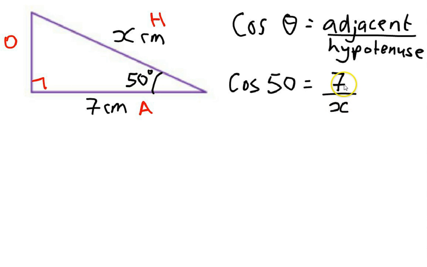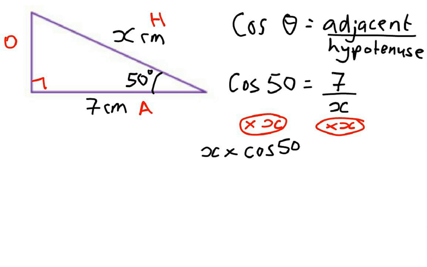We undo the division by multiplying both sides by x. That gives us x times cos 50, remember always put this in brackets, equals 7.